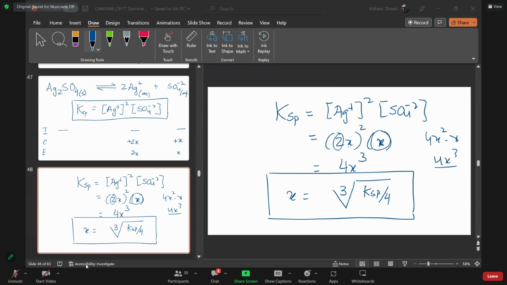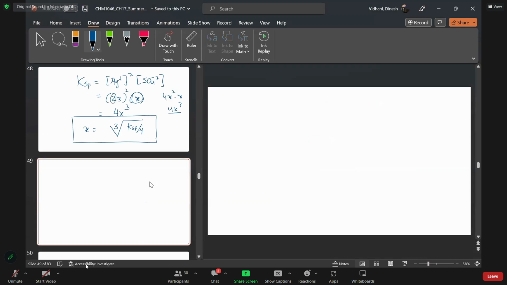So let me give you one example, and I want you guys to come up with the equation for X related to KSP. So let's do calcium phosphate. If you can do that, I think you'll be able to find it. Now, calcium phosphate is a sparingly soluble salt.